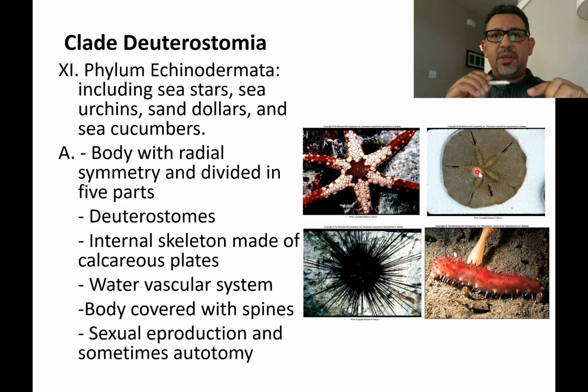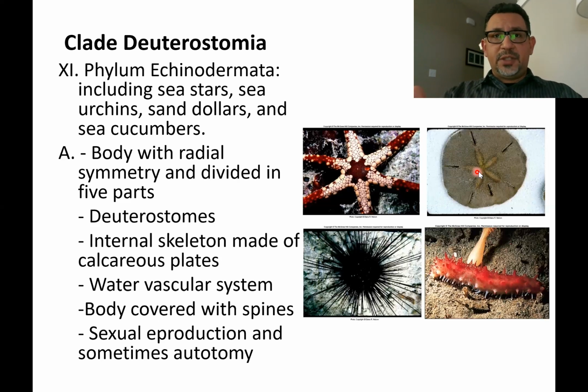That water is used for pumping and filling up the tube feet, which then extend and allow the animal to move. That seawater circulates and then eventually can go out. The animal can regulate how much water is inside the circulatory system, or when they need to release it. This is completely unique in animals. Only the echinoderms have this type of circulatory system where water is what moves inside.